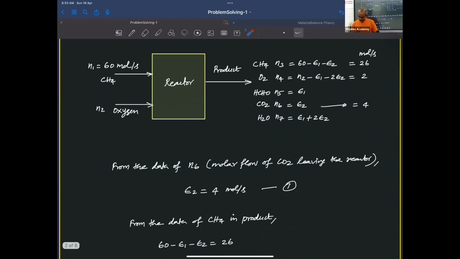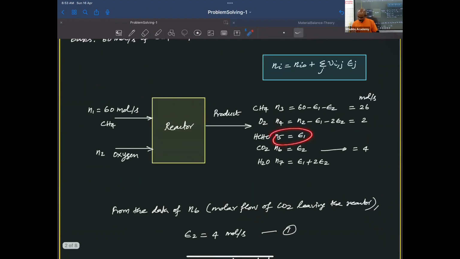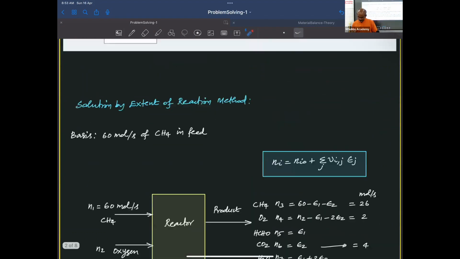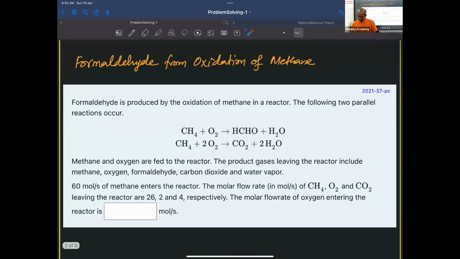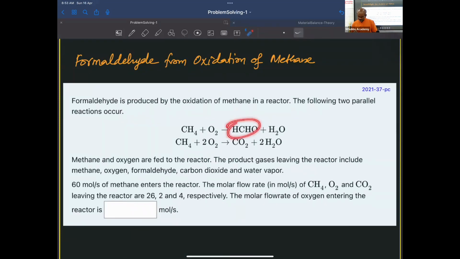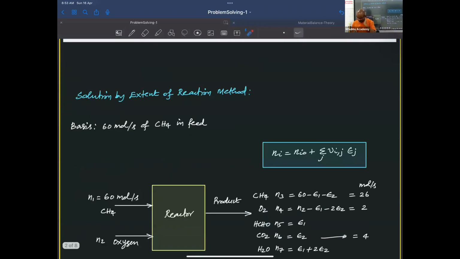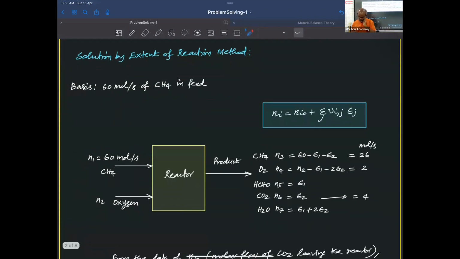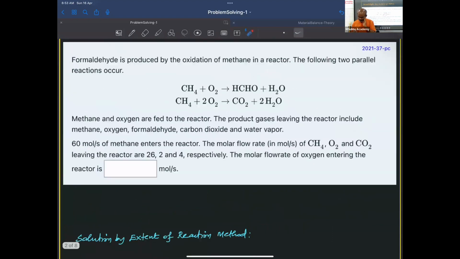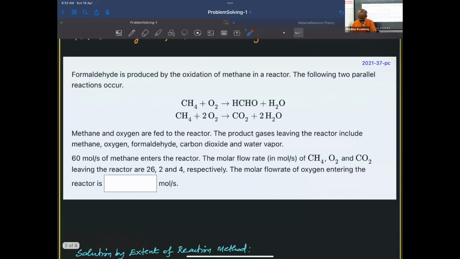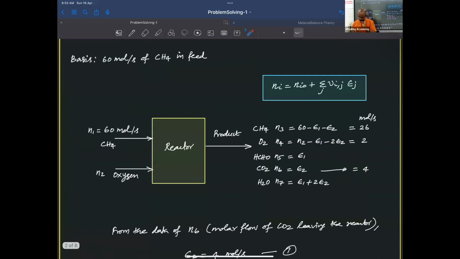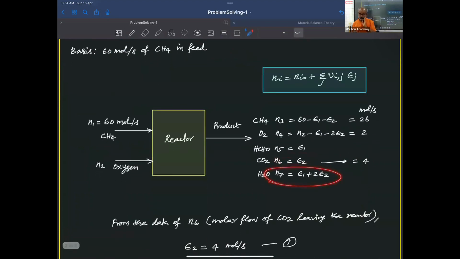Okay, now in the flow, this N5 is simply E1. Why is it E1? Because it is only in the first reaction, and again it is positive with a coefficient of 1. And what is that of N6? N6 is CO2. CO2 is there in the second reaction, so this is simply E2. That's why it is written that way. And what is that of H2O?